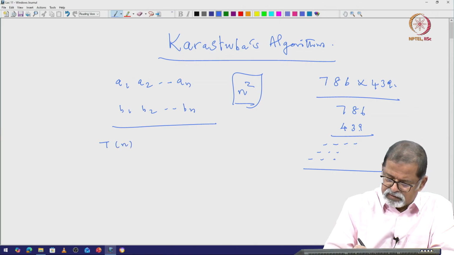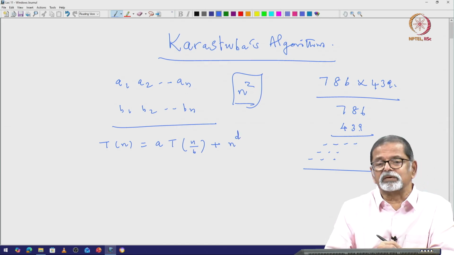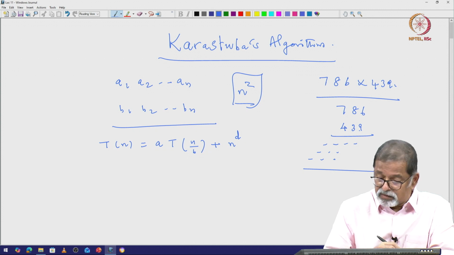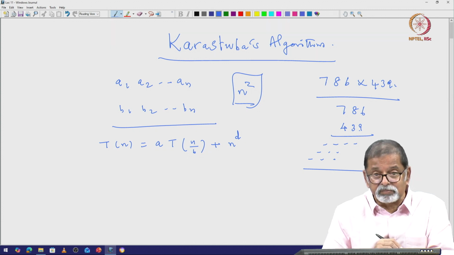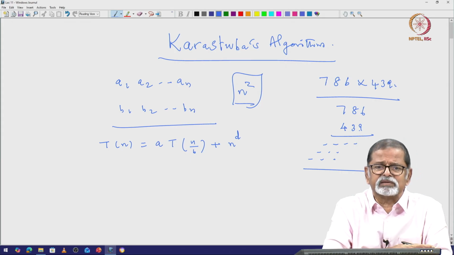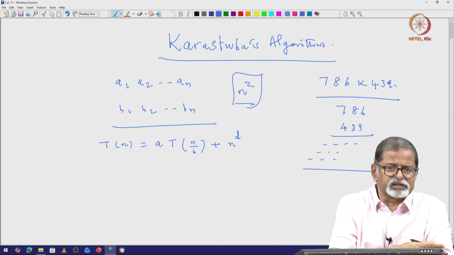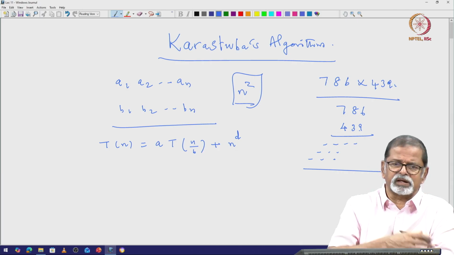T(n) = a T(n/b) + n^d. You have a subproblems, each of size n by b. The ones that we have seen in merge sort have two subproblems of size n by 2. So a and b are 2 in all the cases that we have seen. That need not be the case. a can be a different number, b can be a different number.